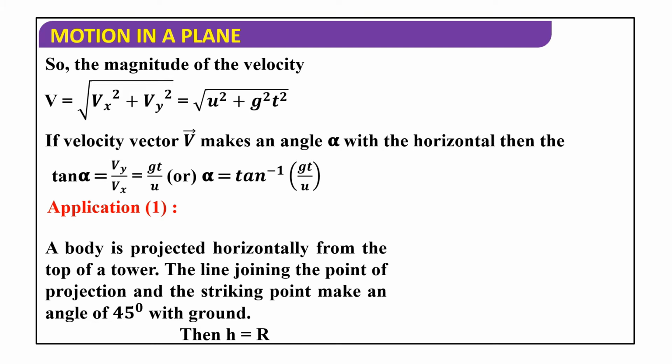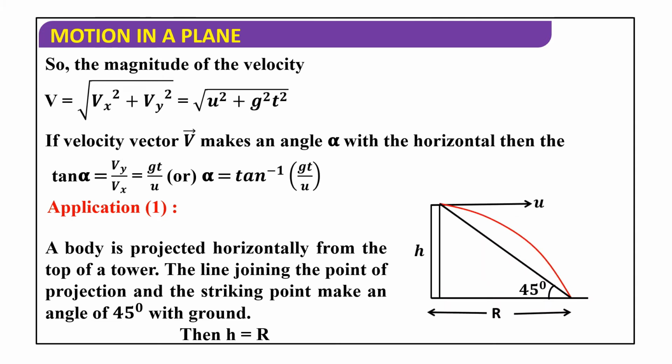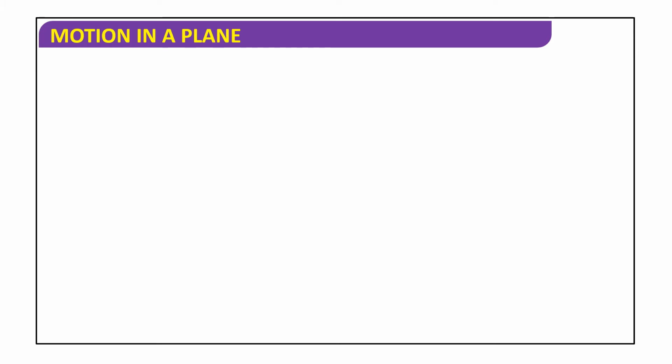So height is equal to maximum horizontal distance. Next, half gt square is equal to u into t. Now t, from this equation, can be written as 2u by g.